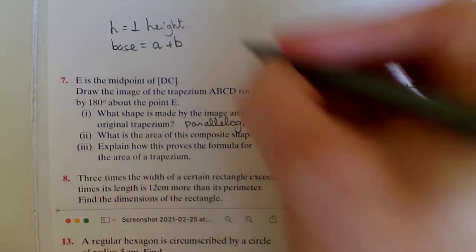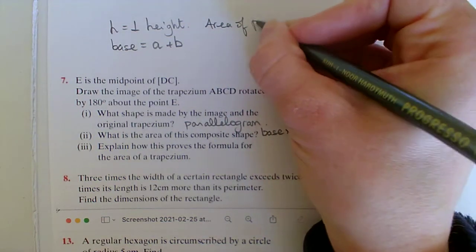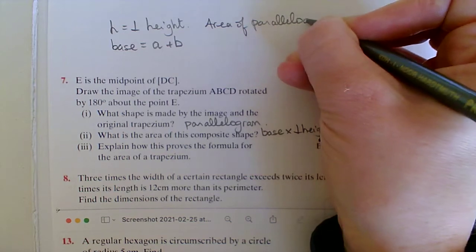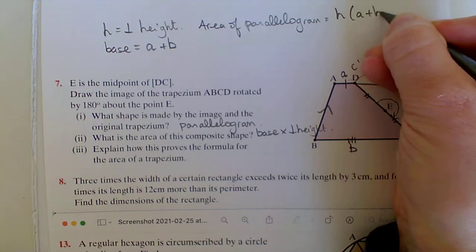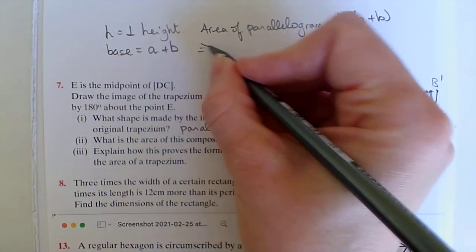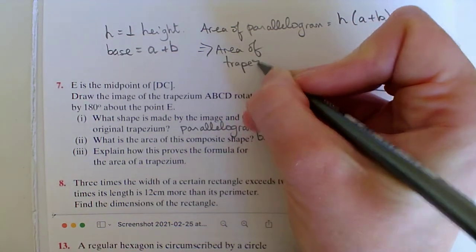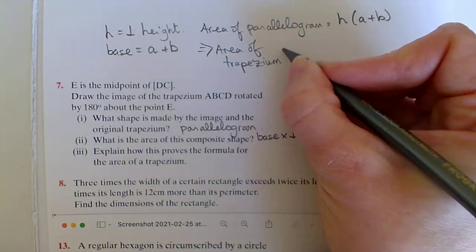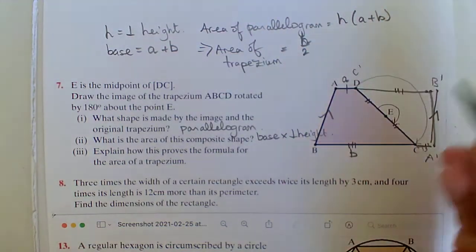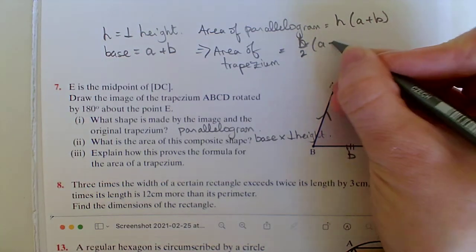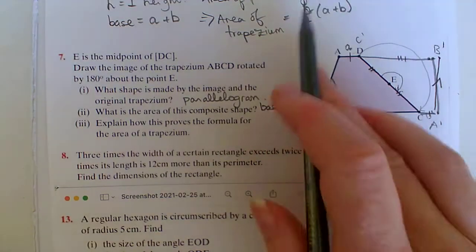So the area of the parallelogram is h by a plus b, and therefore the area of a trapezium is half of that: h over 2, the perpendicular height divided by 2, and then multiplied by a plus b, which is the formula that we have in the log tables, maybe written slightly differently.